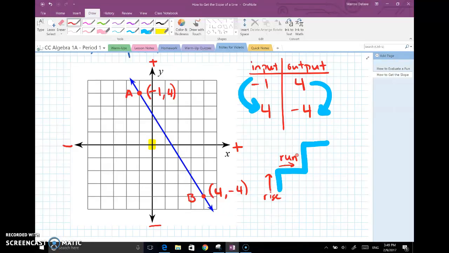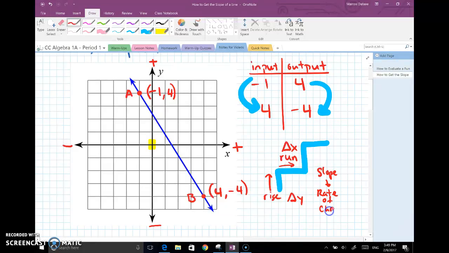So because you rise before you run, rise represents your change in y, whereas your run represents your change in x. And so because we say this in that order, rise and then run, the way we write this down is we write it as the slope, which is the same thing as the rate of change.